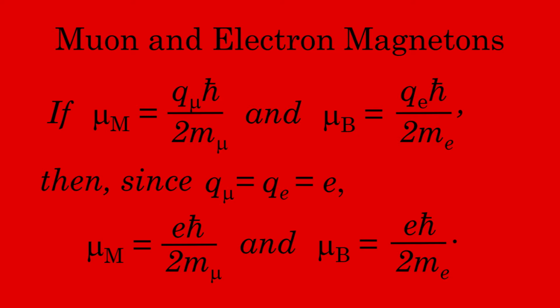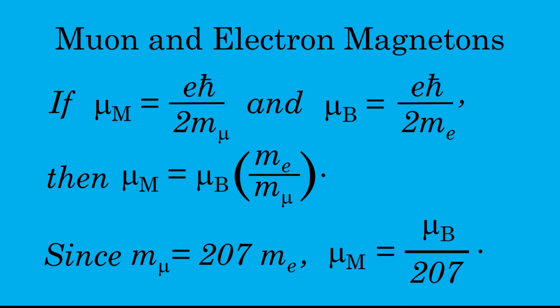The electron mass, m sub e, in the denominator of the Bohr magneton expression is replaced by the mass of the muon, m sub mu, to make the muon magneton. This makes the muon magneton, mu sub m, equal to the Bohr magneton, mu sub b, times the ratio of the electron mass to the muon mass, m sub e over m sub mu, which is approximately 1 over 207.